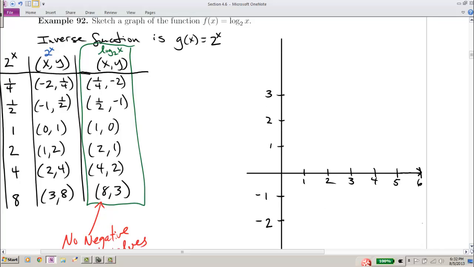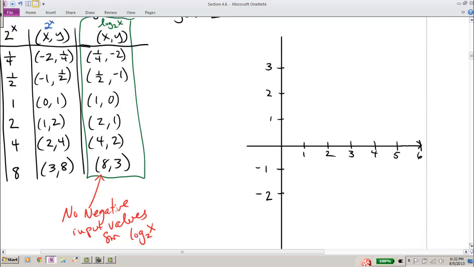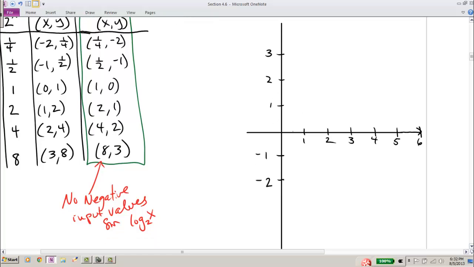So now we can set about plotting our points. Here's about where 1/4 is on the x, and this maps to -2. 1/2 maps to -1.